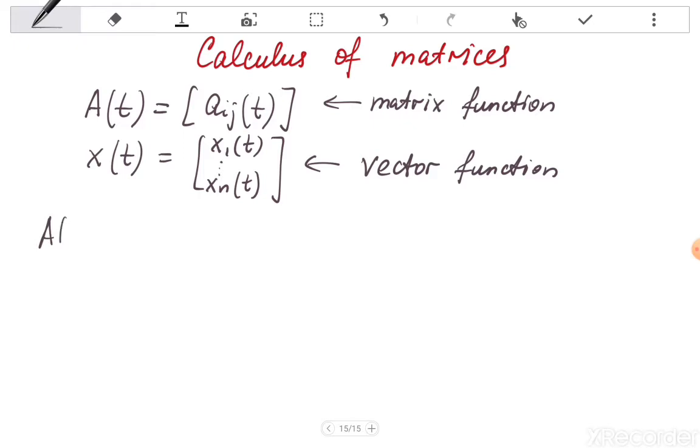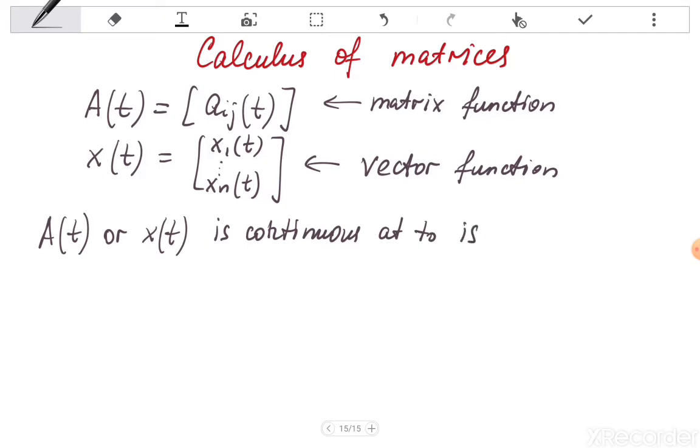So A of t or x of t is continuous at some point t0 if all these elements, so each a_ij(t) or each x_j, is continuous at t0.